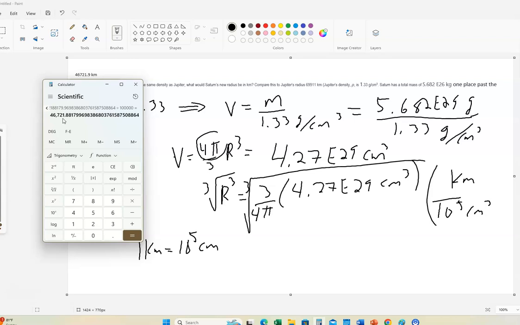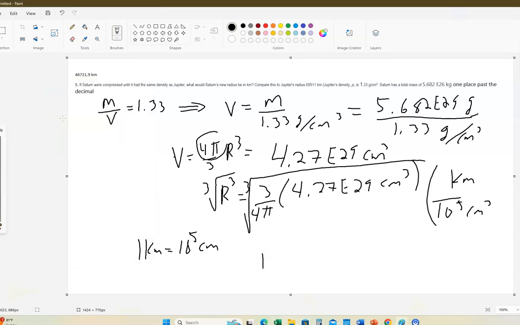This is what r is. r is 46,721, and 0.88 gives us a 0.9, and that would be in kilometers. Remember, in Blackboard, you just write the number. You don't put the units. All right, so there is number 5.